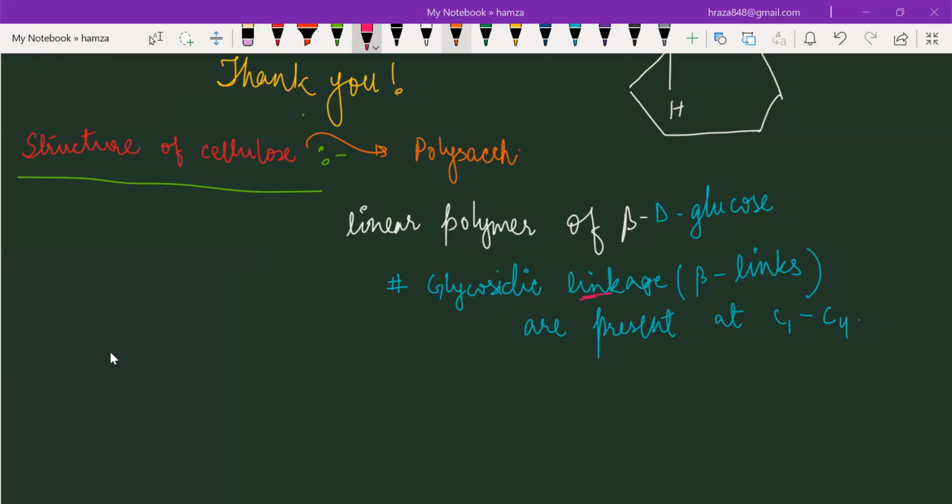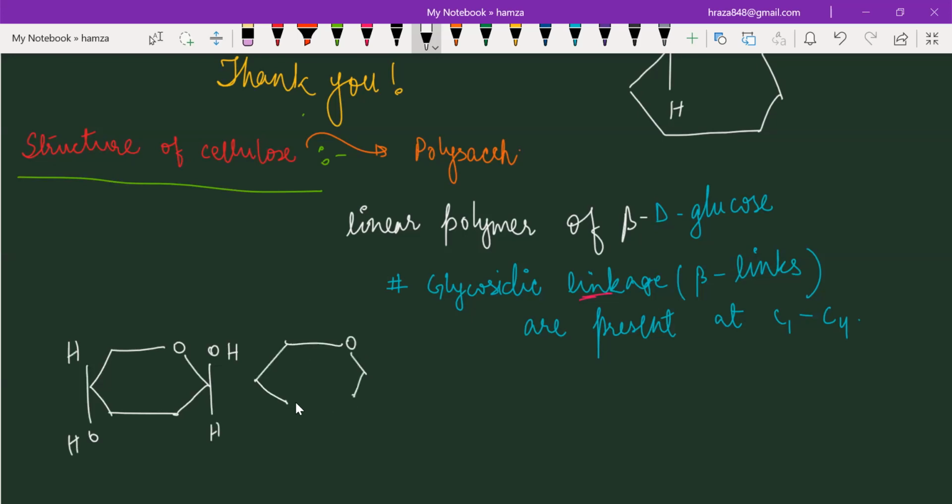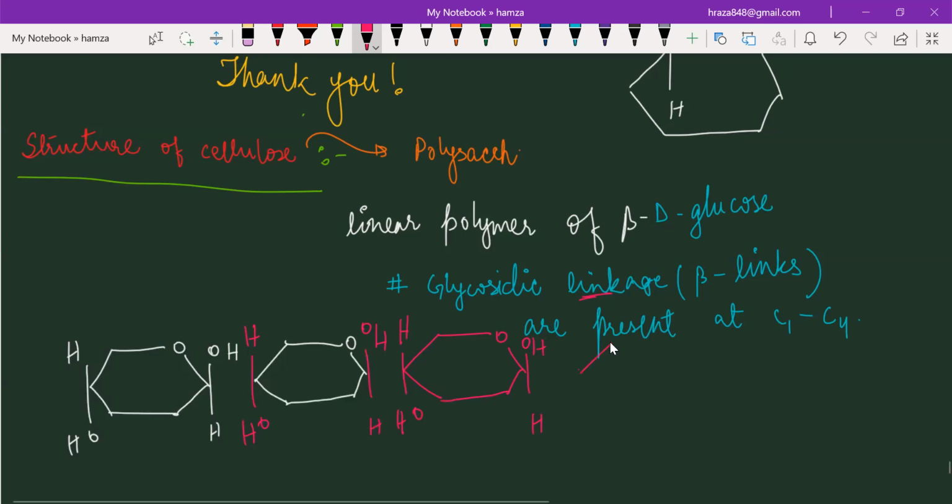So I'm going to write the structure. You know that this is basically beta D glucose, OH H and OH H. This is also H OH, H. In the same way, H OH, OH H. And in the same way, we have another.